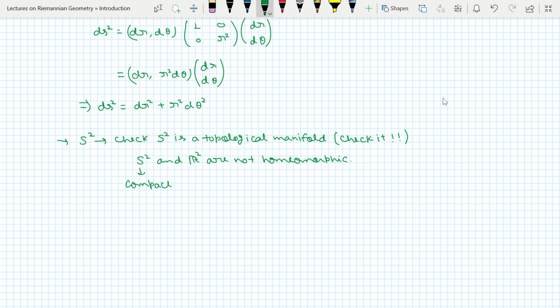If they were, then since S² is compact, R² would have to be compact. But R² is not compact.